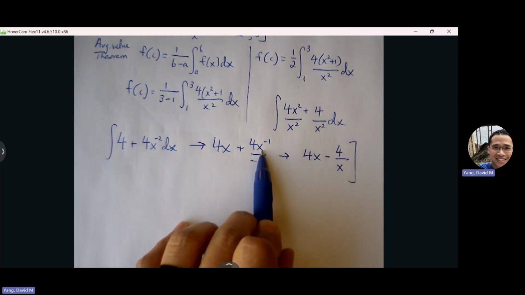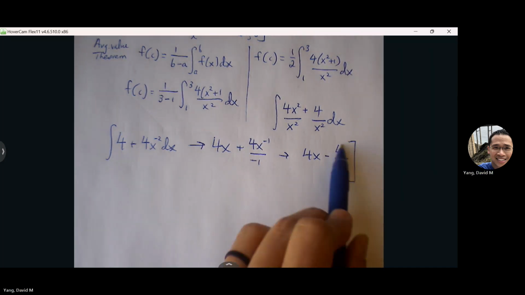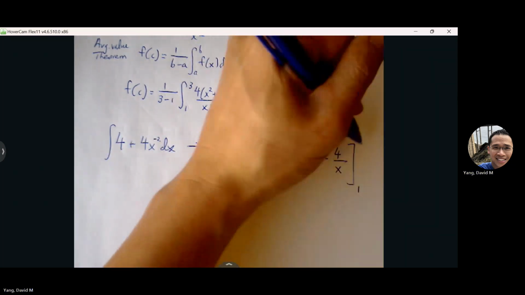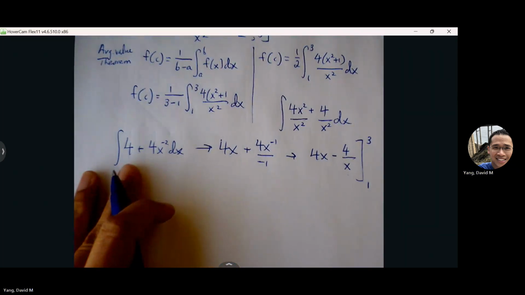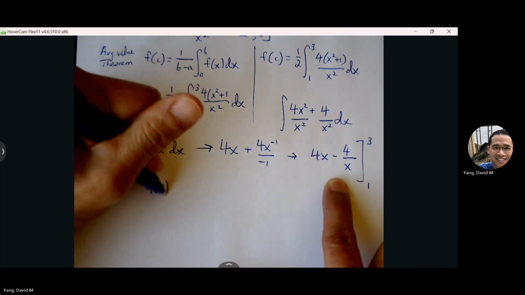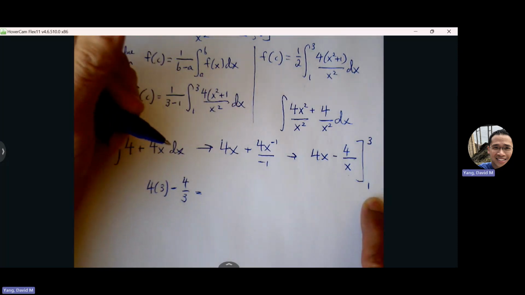I prefer that x in the denominator so that I don't have to deal with a negative exponent. But now I'm ready for my bounds. The upper bound gets plugged in first, minus the lower bound.